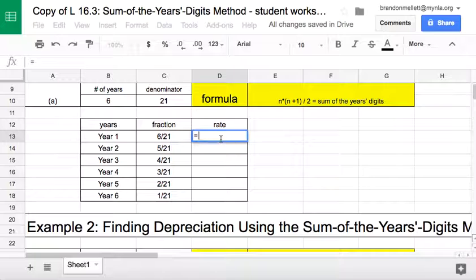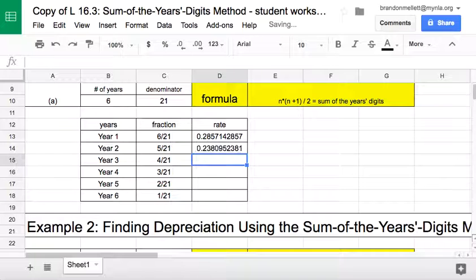This is where we would simply take the amount of years divided by the denominator, and we do that all the way down. So 3 over 21, 2 over 21, and 1 over 21. These would be the different rates you would use for the formula.